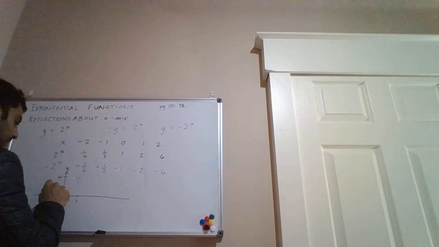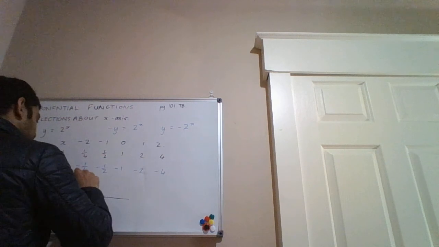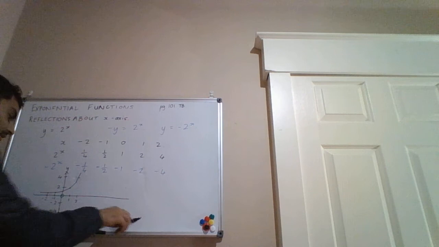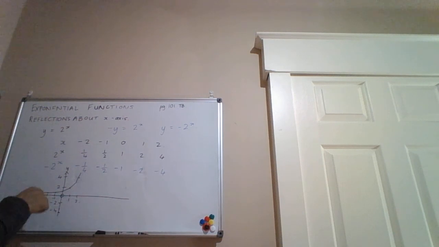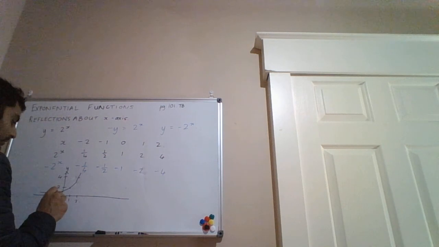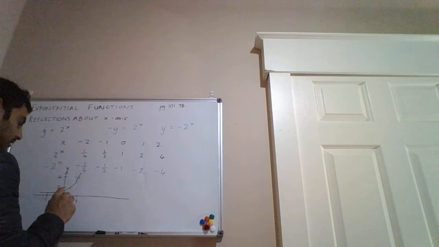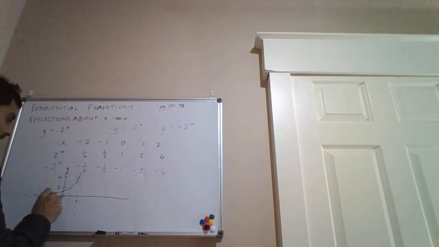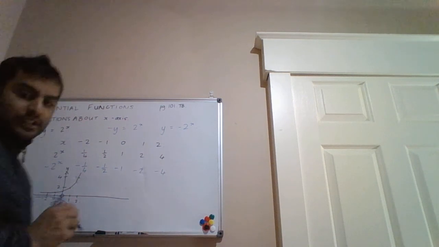Zero, 1, minus 1/2, minus 2, 4. So original graph looks like that. And our reflection is just taking all the y values and making them negative. So for minus 2, we're going to have minus a quarter, for minus 1, minus a half, for 0, 1, for 1, minus 2, and for 2, minus 4. So our reflection looks like that.